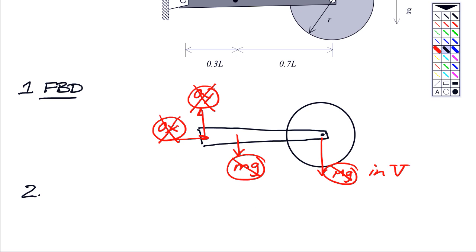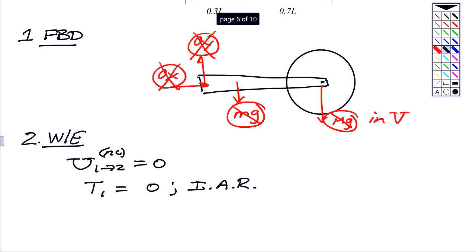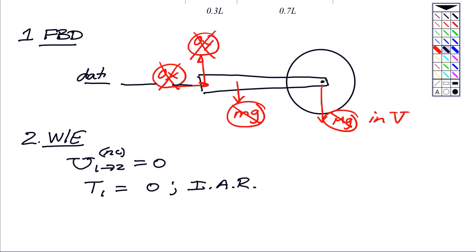When we write down the work energy equation, the work term in going from position 1 to position 2 is 0. The system starts out from rest, so T1 is 0. I'm going to put my datum position through point O, so at that position the gravitational potential for both is 0.